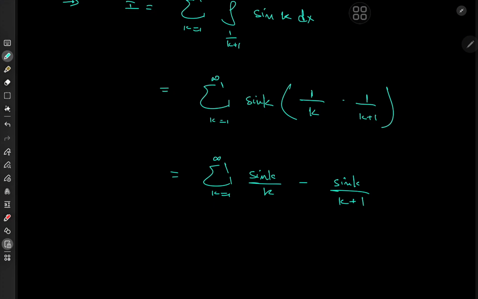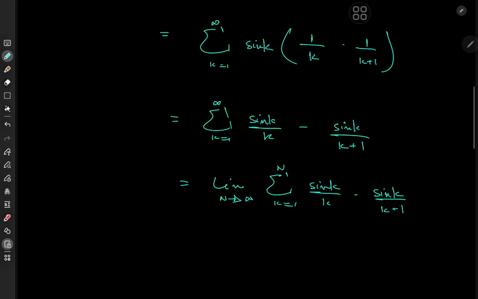Okay, cool. This is interesting now, but before I apply linearity, I'm just going to write this thing as the limit as n tends to infinity of the sum over k from 1 to n of sine of k over k minus sine of k over k plus 1. The other integral will be evaluated in a future video, or sum in this case.